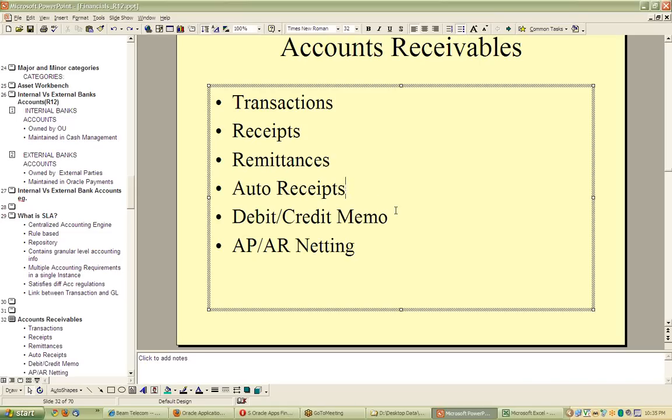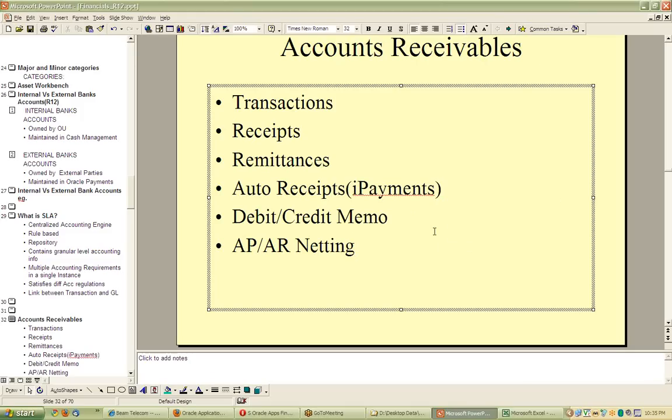Auto receipts is very tightly integrated with iPayments, online payments.